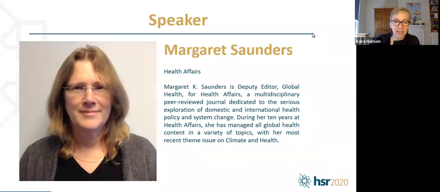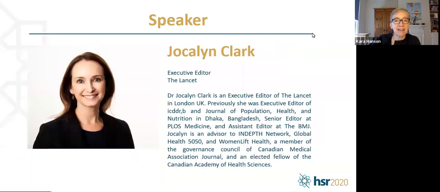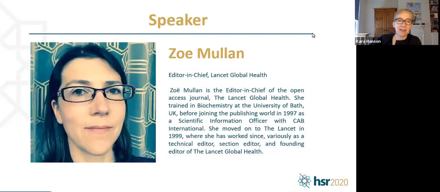So Virginia and Shaya themselves are editors of Health Policy and Planning and BMJ Global Health, respectively. We also have Margaret Saunders, who's the Deputy Editor for Global Health at Health Affairs. Next slide. We have Jocelyn Clark, Executive Editor at The Lancet. Next slide, please.